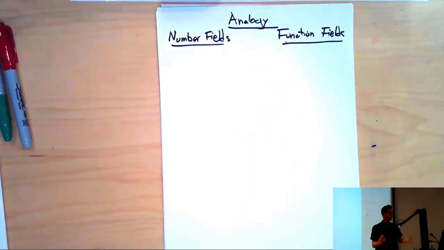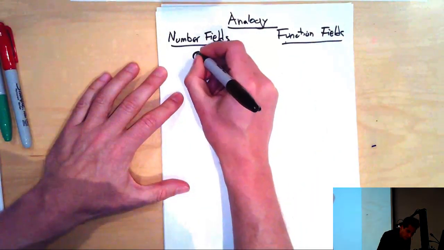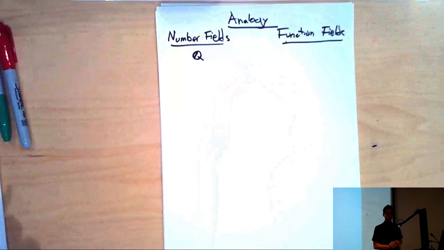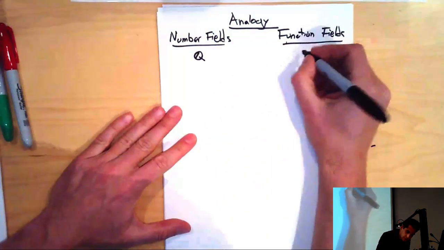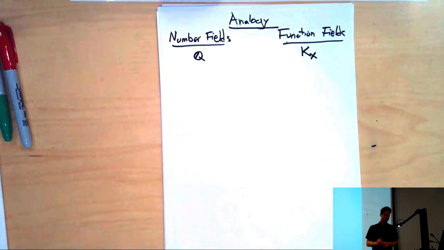A number field, by definition, is a field that appears as a finite extension of Q. So an example of a number field would be the rational numbers Q itself, and on the function field side, fields like the K_X that I mentioned earlier.